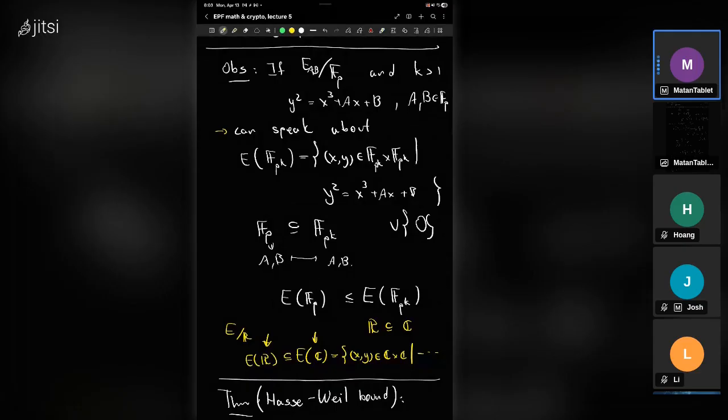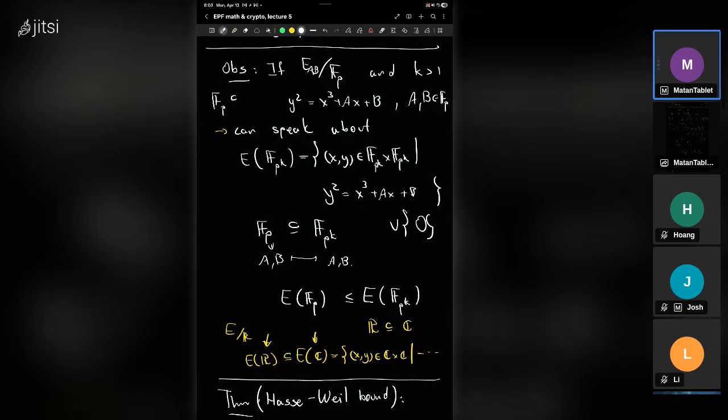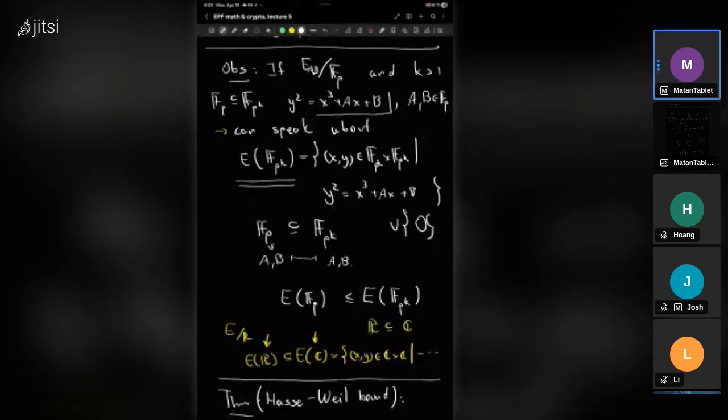The same is true with a finite field extension. F_p is a subfield of F_p^k, so any equation over F_p makes sense as an equation over F_p^k. So I can talk about the solutions to the same equation of E over F_p^k, the same equation here in the box. And this is also a group.